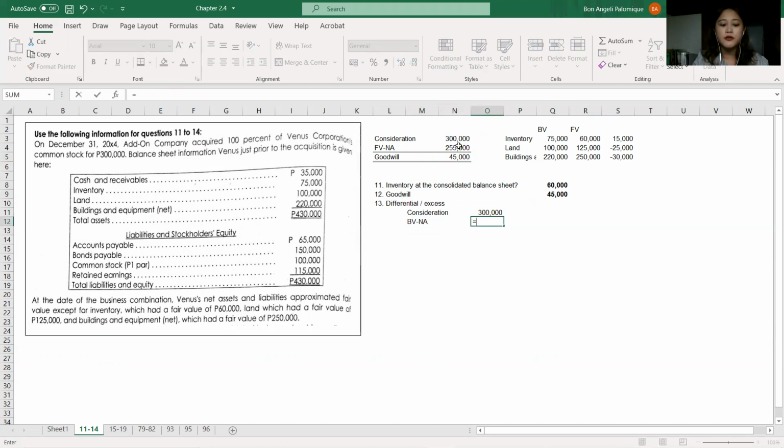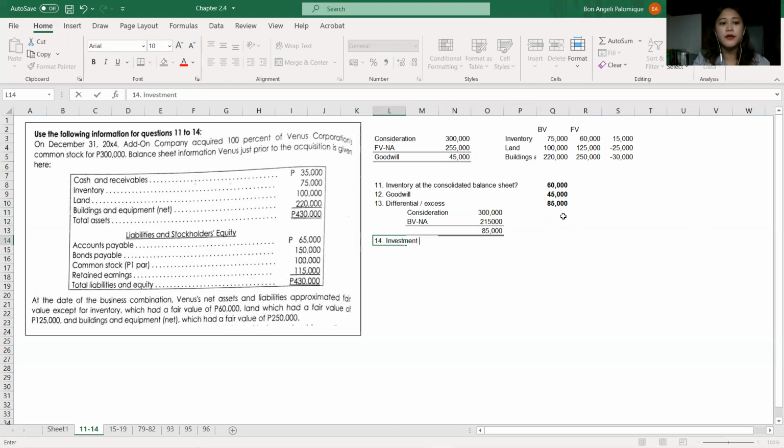So, yun is 430,000 less 65,000 less 150,000. Magkaka-total ka na 85,000. So, ang iyong differential is yung excess. So, that is 85,000.